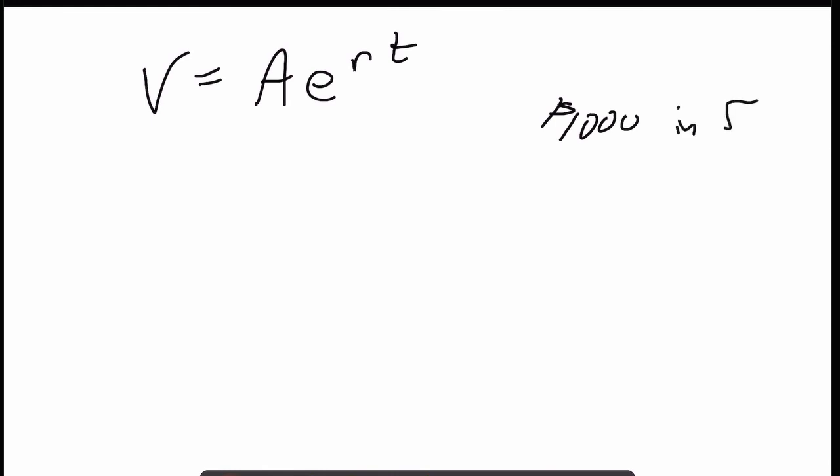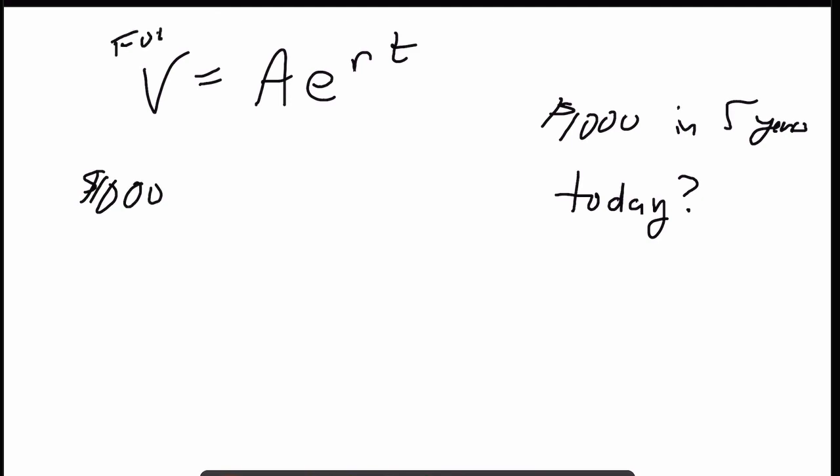Okay. So we can use this to do all kinds of exciting little mathy problems, right? V equals A e to the RT. Someone offers you $1,000 in 5 years. What's it worth today? Well, that's $1,000 future value. Future, right? And A is present. So that's $1,000 equals A e to the whatever.